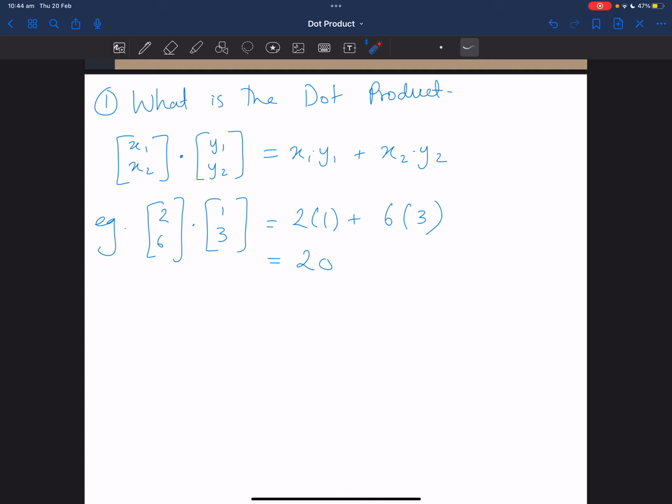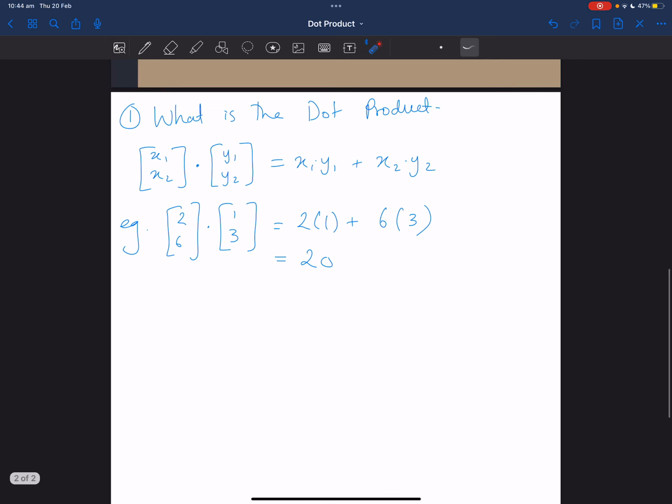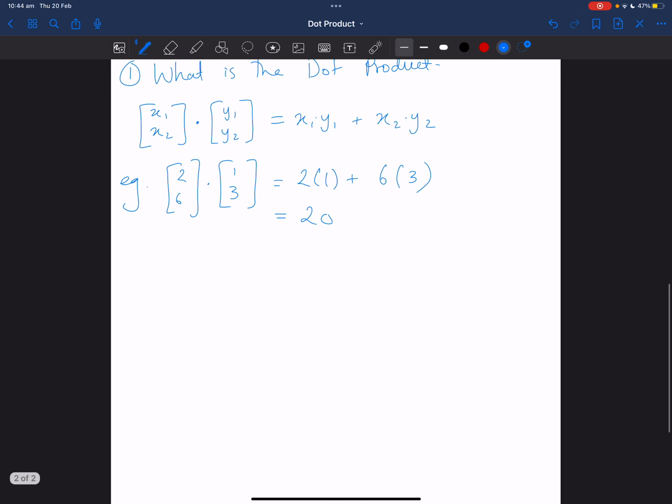I remember when I first learned it, I thought, why don't we just multiply these and get another vector, x1 y1 times x2 y2? So the question is, why did we define it this way? And what is so important about this number 20 in this case? That leads naturally to the question of why it is defined like this.